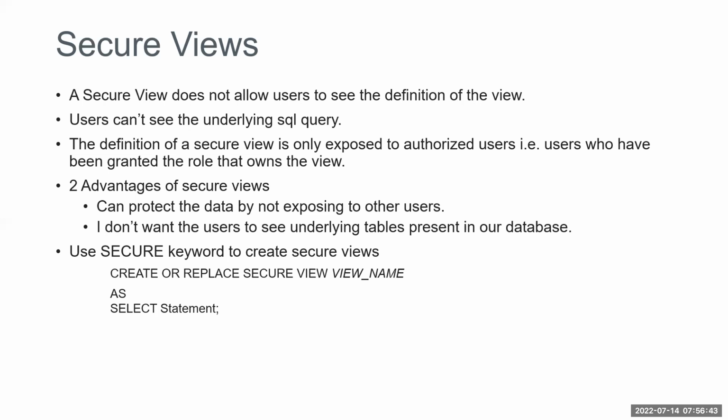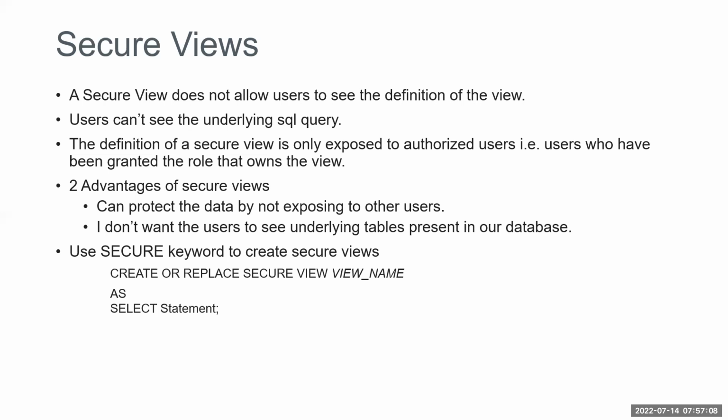Okay, and suppose I don't want other users to see the underlying tables present in the database. Suppose I have some 20 tables and I have written my SQL statement on 10 tables, and we are sharing that view with the other users. If we are not creating a secure view, the other user can see all the tables present in our database.